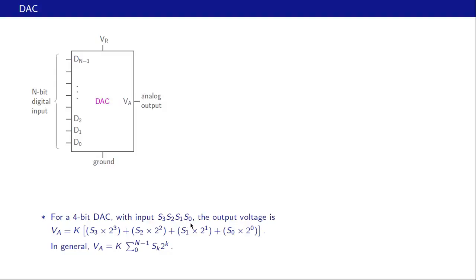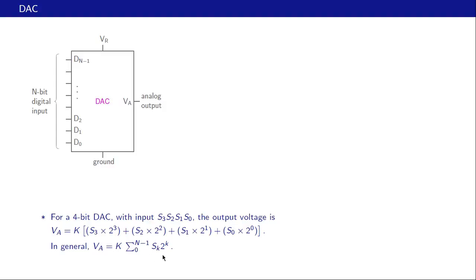The output voltage is VA equal to K, some constant, times S3, which can be 1 or 0, times 2 raised to 3, plus S2, which again can be 1 or 0, times 2 raised to 2, plus S1 times 2 raised to 1, plus S0 times 2 raised to 0. And in general, we can write this equation as VA equal to K summation from 0 to n minus 1 Sk times 2 raised to k.